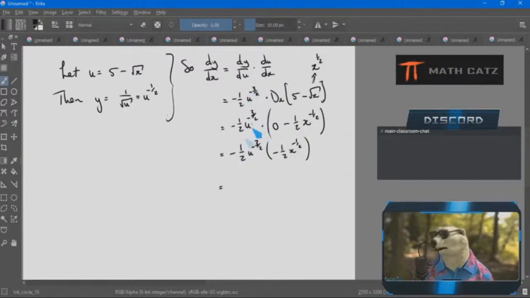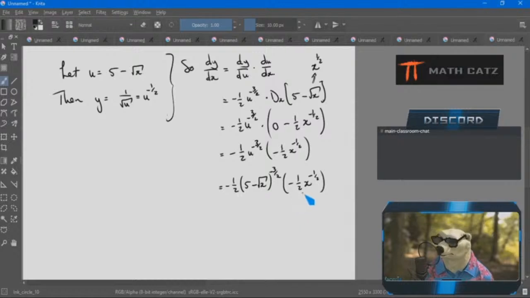Then I remember, okay, I just need to address the u, get rid of it to have my final answer as negative 1/2 times 5 minus root x to the negative 3 over 2 times negative 1/2 x to the negative 1/2. I don't even merge those two negatives. I do nothing else but replace the u with what it means.